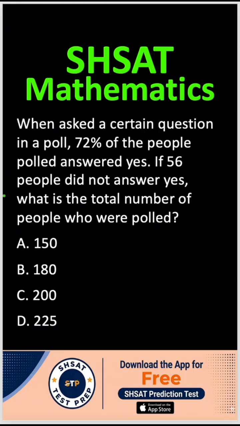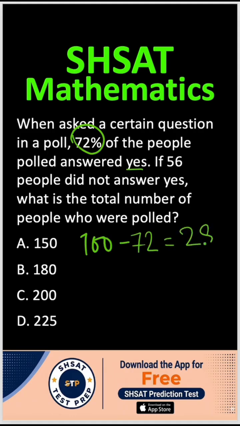Next, we have when asked a certain question in a poll, 72% of the people polled answered yes. If 56 people did not answer yes, what is the total number of people who were polled? So here, 72% of the people polled answered yes. So the percentage of people who did not answer yes will be 100 minus 72, which equals 28.